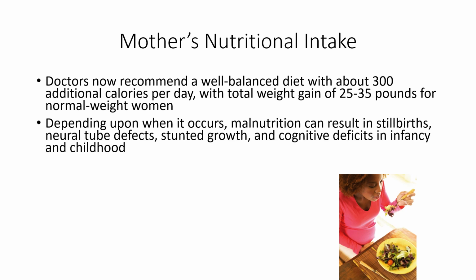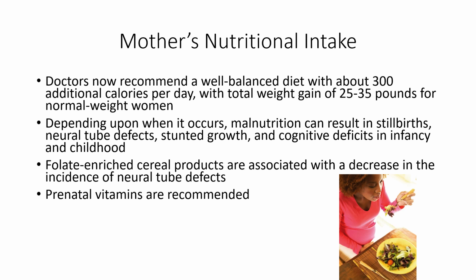Also, depending on when it occurs, malnutrition can result in a lot of different effects, such as stillbirth and neural tube defects. Neural tube defects are from an absence of the nutrient folate. Nutritional deficits can result in stunted growth and cognitive deficits in early infancy and childhood, and these aren't typically overcome as easily.